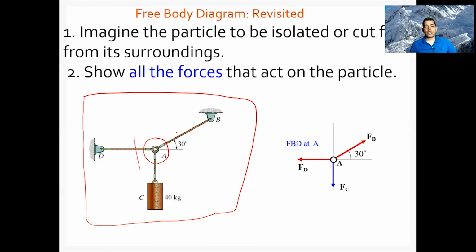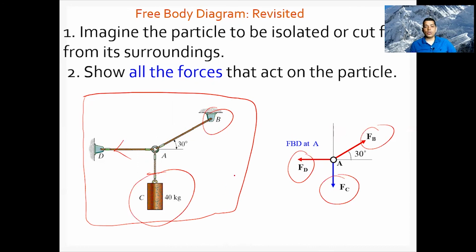You just cut this free and show the forces. That's what we did, right? This force is FD, and this force is FB, and this force is FC, right? So you show all the forces. This is the free body diagram. Now this is the free body diagram at point A.